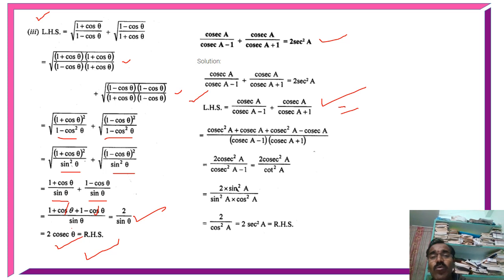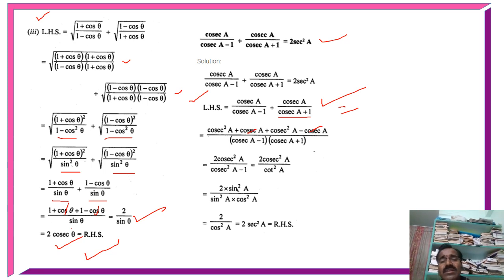When we multiply cosecant A with cosecant A plus 1, cosecant A into cosecant A, cosecant square A, plus cosecant A into 1, cosecant A, plus cosecant A into cosecant A, cosecant square A, minus cosecant A. Here plus cosecant A and minus cosecant A cancel.